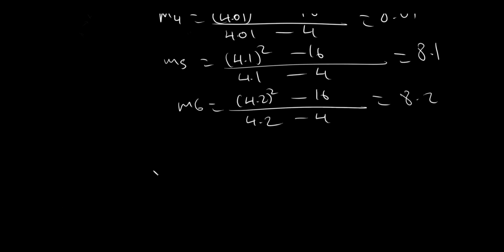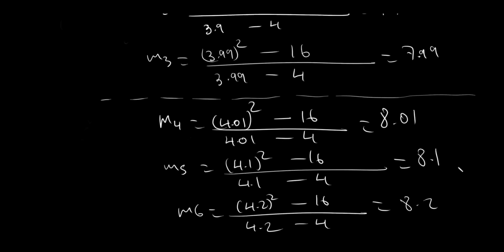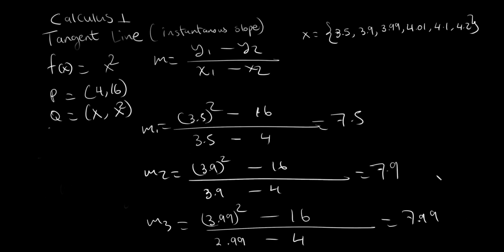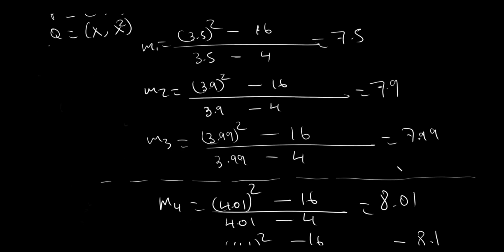So my instantaneous slope, the tangent line at point P, is equal to 8.